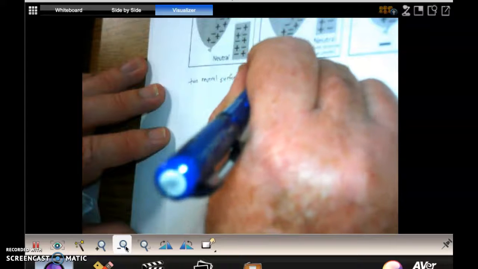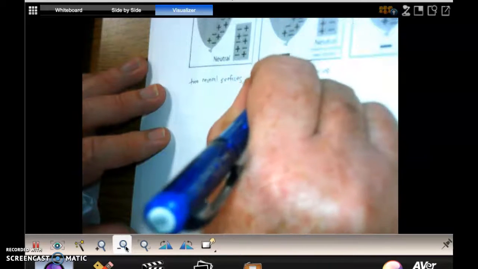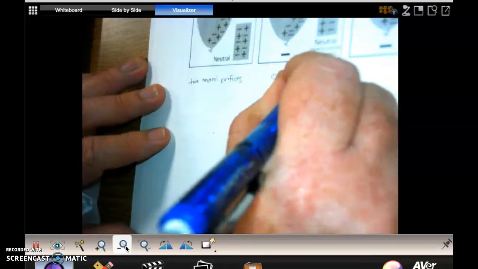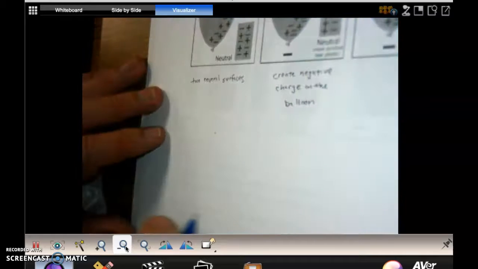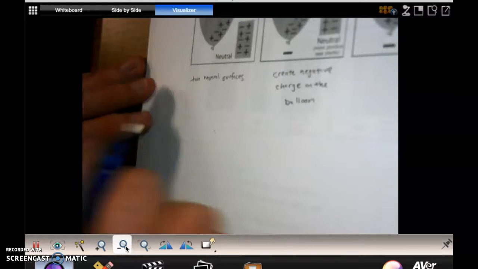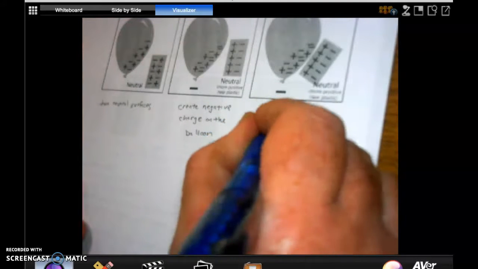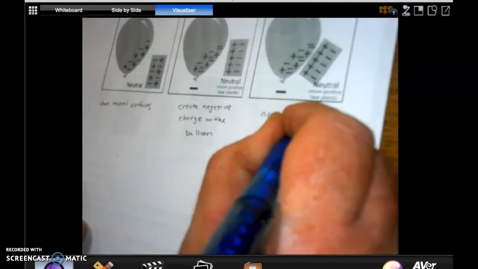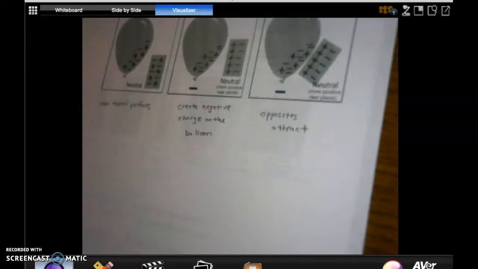Now we're going to charge up the balloon, create negative charge on the balloon. And then we know that opposites attract. So a negative and a neutral are opposites, so they will attract each other.